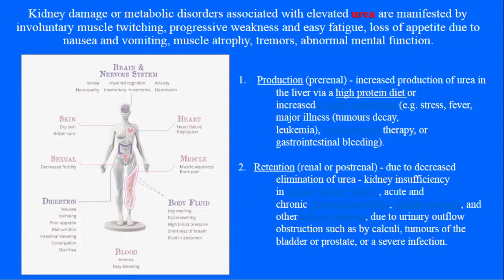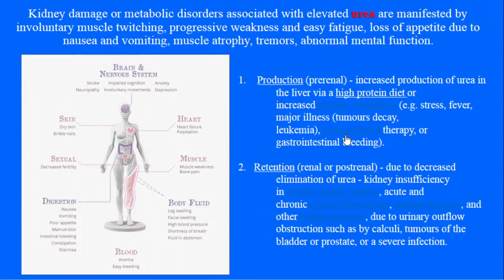But if the situation is not acute and urea starts to accumulate slowly, symptoms from the gastrointestinal tract will be first: nausea, vomiting, poor appetite, and only then slower symptoms develop from the nervous system, twitching, muscle atrophy, dryness of skin, and then swelling, which accompanies kidney diseases if there is retention of fluids also.